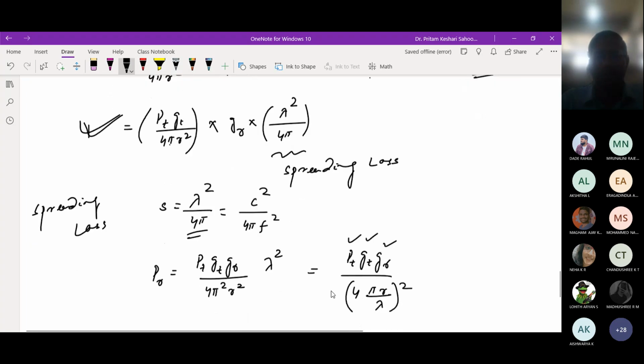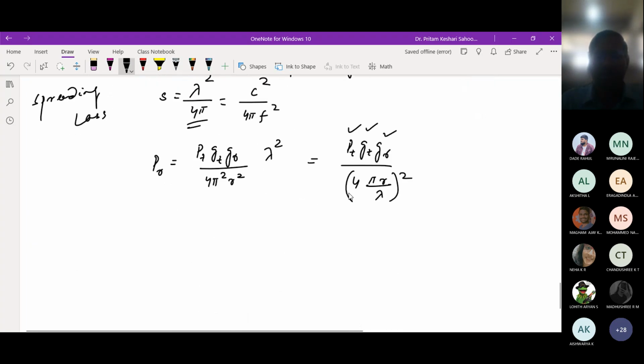This amount, 4 pi r by lambda square, is called free space path loss, which is represented by LFS. So LFS is equal to 4 pi r by lambda square. This is called free space path loss.